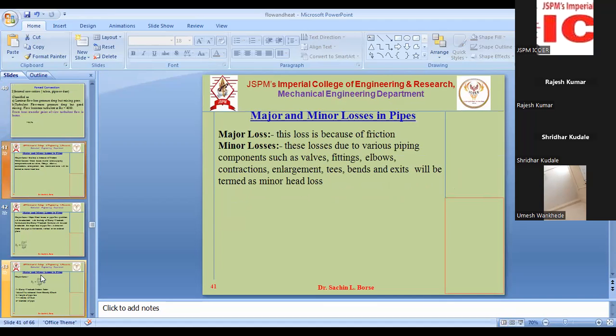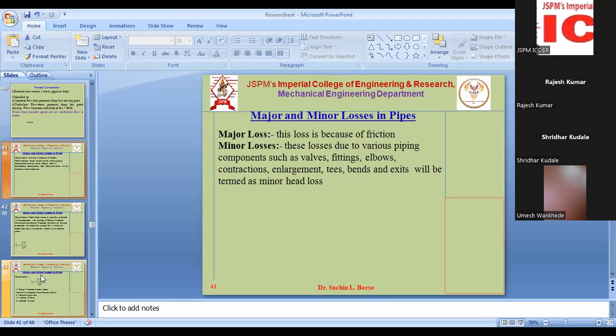And there are also other losses like bends, fittings, valves, then exits. All this causes losses that are called minor losses. Why is major loss called major loss? Because in mechanical piping, the length of pipe is very, very large as compared to the bends. So we call it a major loss. Minor losses are because of what?